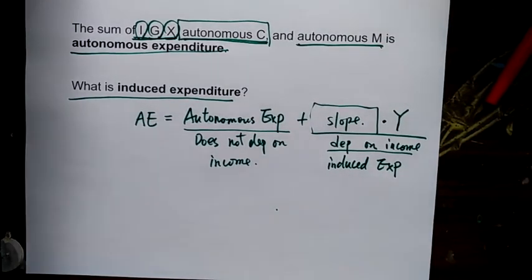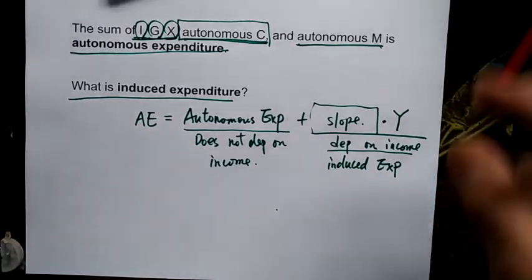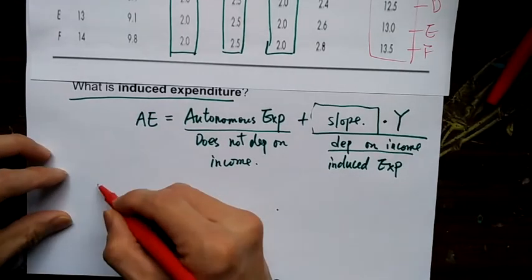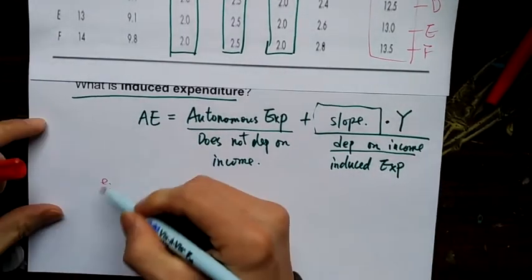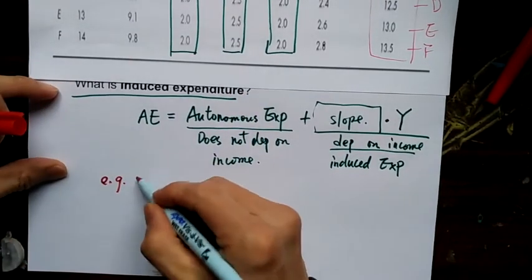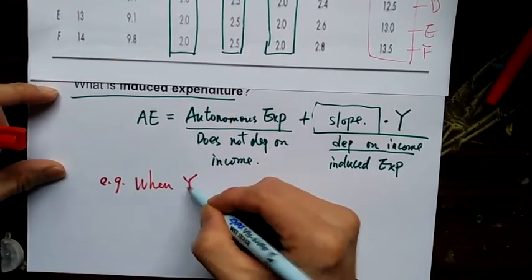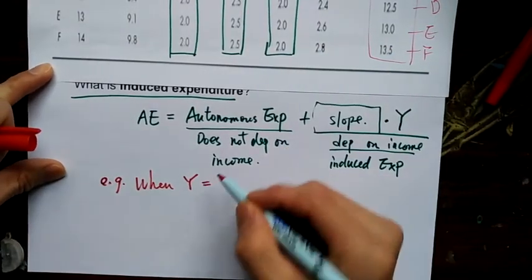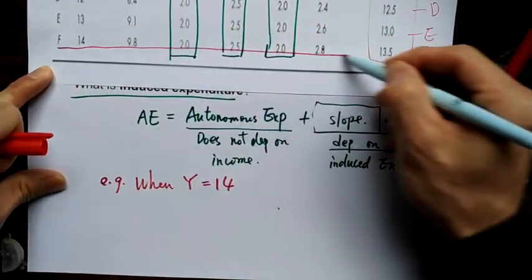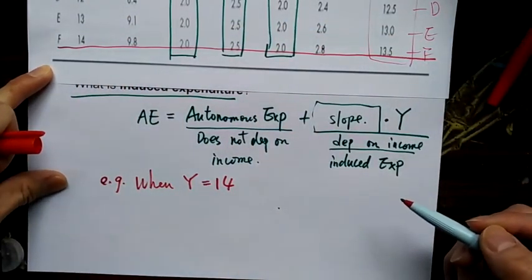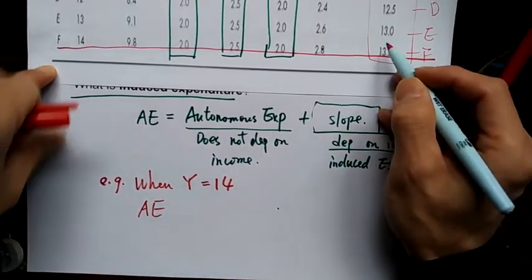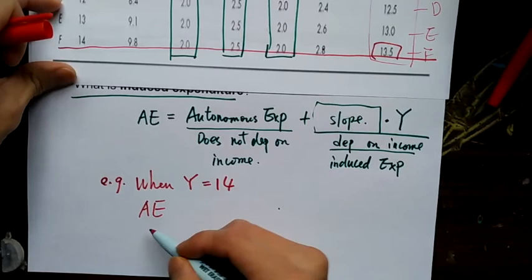Say for example, when income is 14 in our example, total expenditure is 13.5.